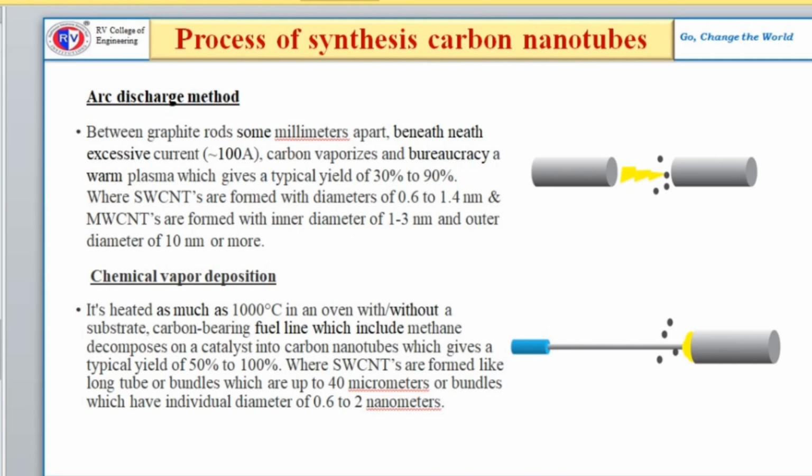So we can say that when it is heated to as much as 1000 degrees Celsius in an oven with or without a substrate, a carbon bearing fuel like methane decomposes on a catalyst into carbon nanotubes, which gives a typical yield of 50 to 100%, where single wall carbon nanotubes are formed like long tubes or bundles up to 40 micrometers, which have individual diameters of 0.6 to 2 nanometers.